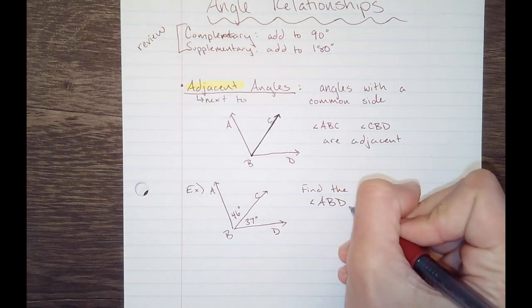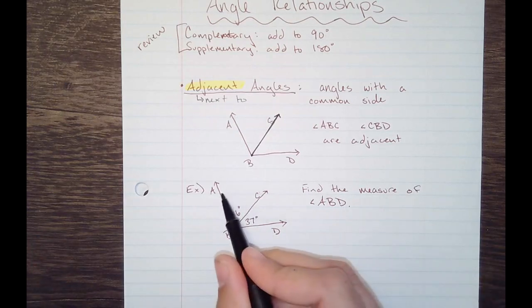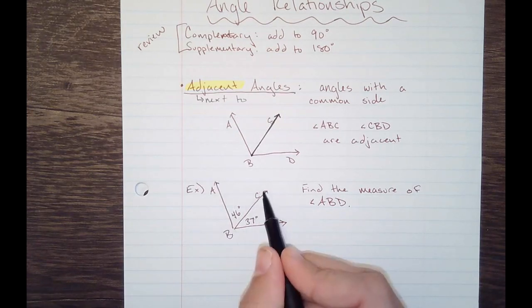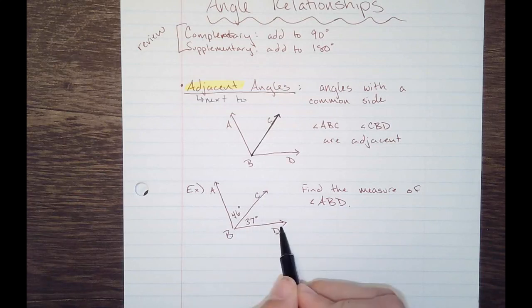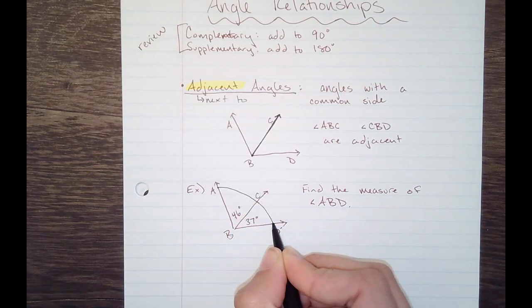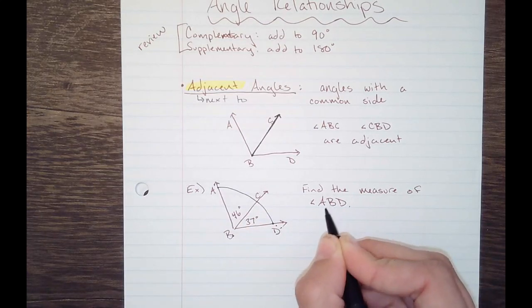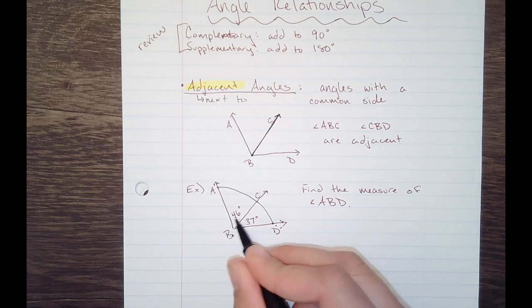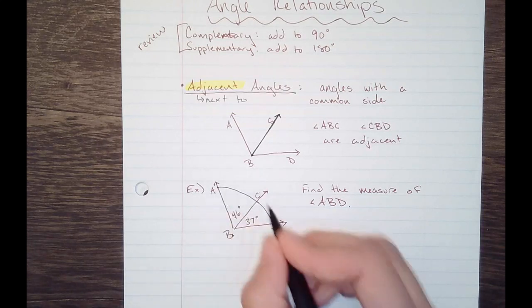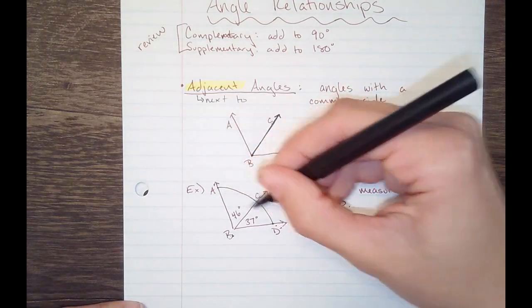Well, when we have adjacent angles, this angle ABC and then this angle CBD make up this entire angle of ABD. So if we have adjacent angles, when we add them together, they will equal the entire thing, which kind of makes sense. If we take two smaller pieces and put them together, it's going to give us the whole.